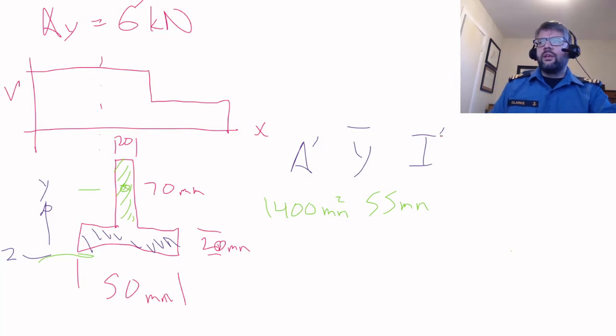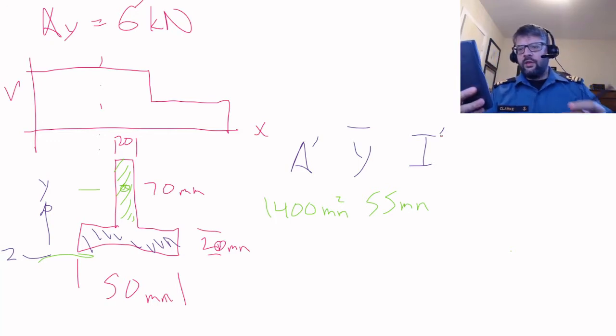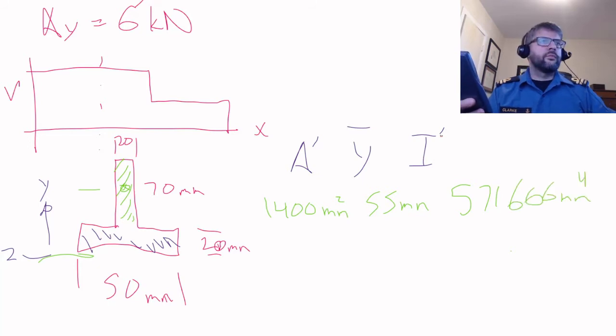And then its individual I component, again, it's height cubed times base divided by 12. So 70 millimeters to the third times 20 millimeters divided by 12. That gives us 571,666 millimeters to the fourth.